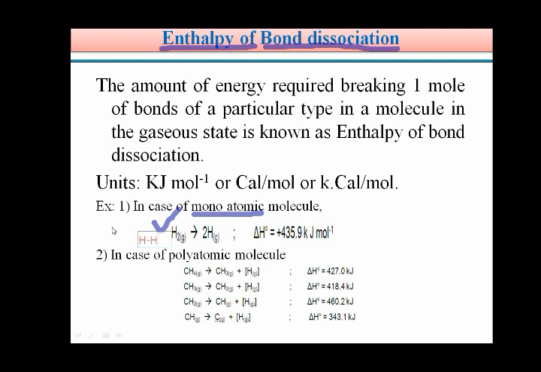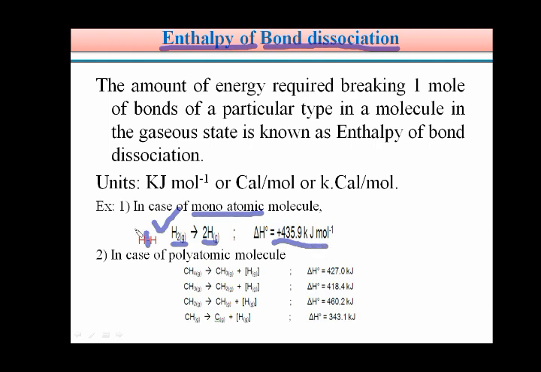So the energy required to break this sigma bond between the 2 hydrogens, the amount of energy required to break 1 mole of bonds of a molecule in gaseous state. Here our H2 is in gaseous state and it forms hydrogen atoms. So this is the enthalpy of bond dissociation.